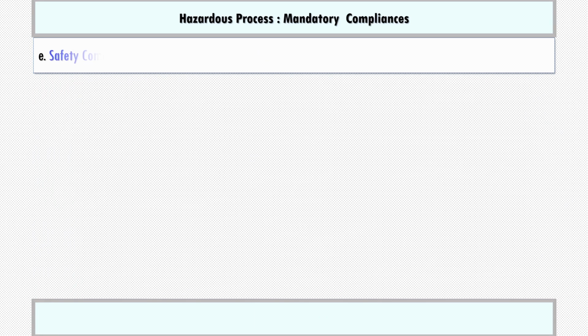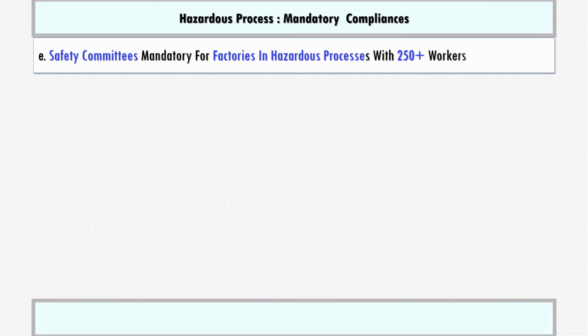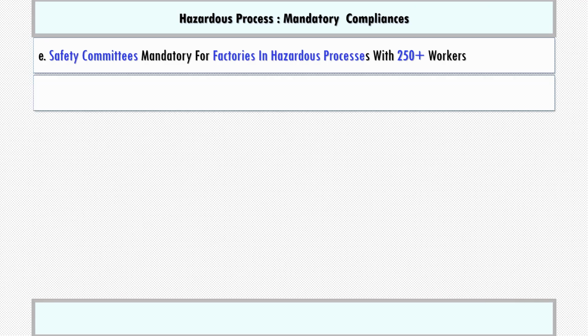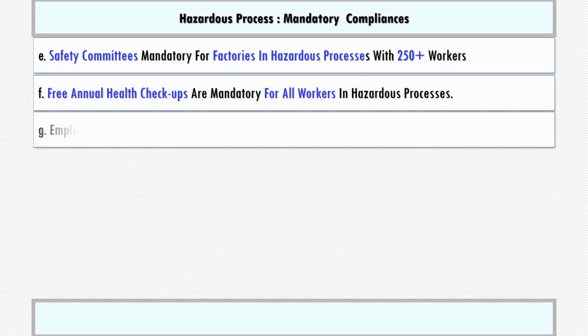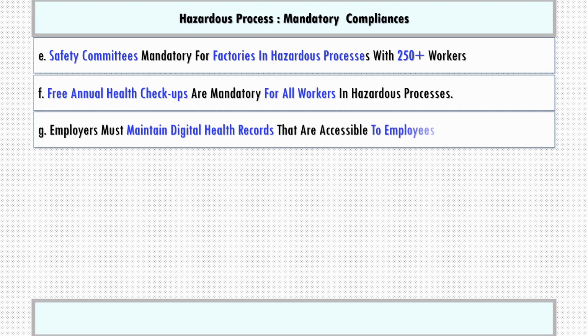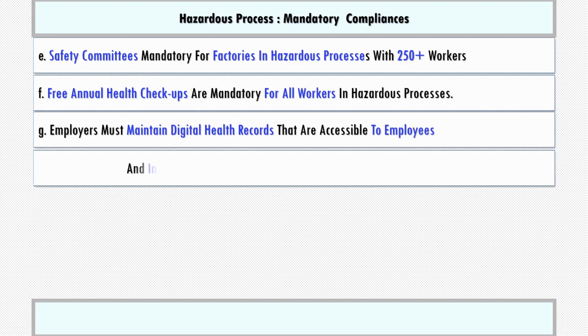For factories in hazardous processes with 250 and more workers to form a safety committee. Free annual health checkup are mandatory for all workers in hazardous processes. Employers must maintain digital health records which are accessible to employees and inspectors for long-term portability.